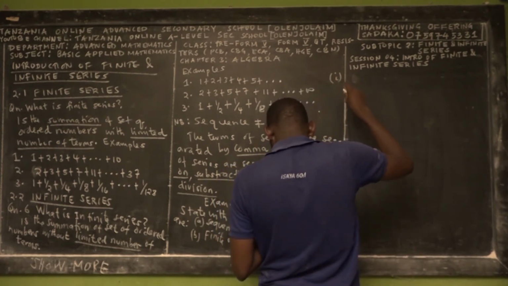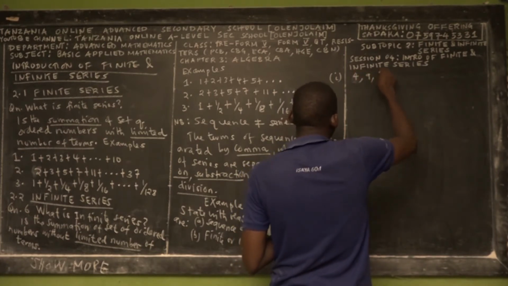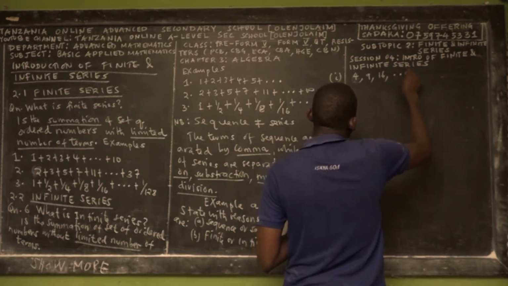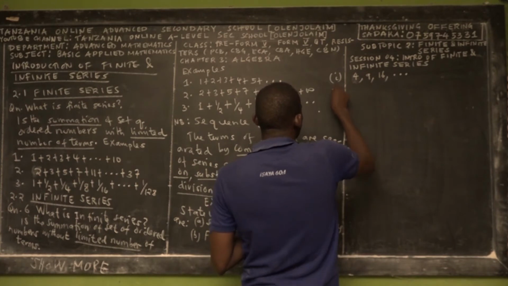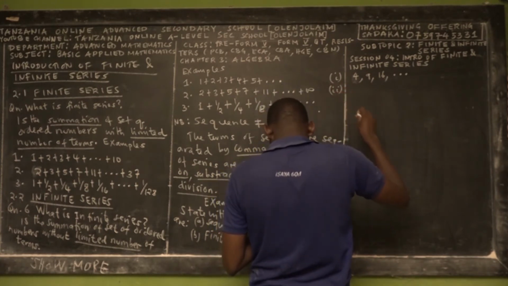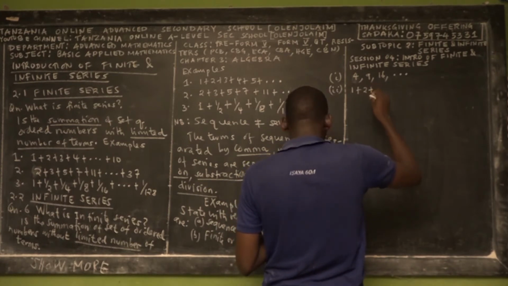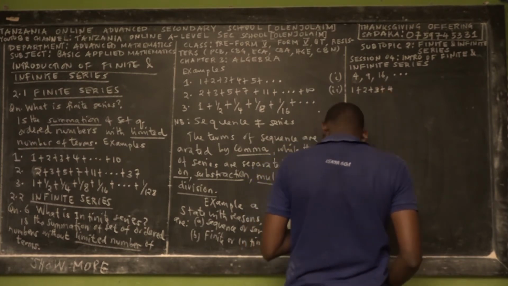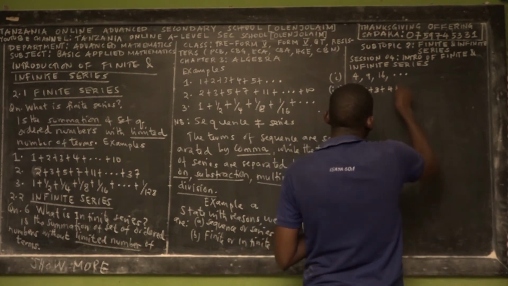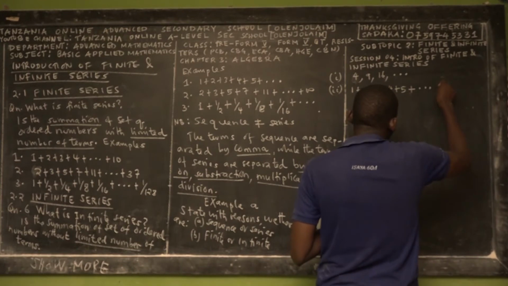Roman 1: 4, 9, 16, and so on. Then Roman 2: 1 plus 2 plus 3 plus 4 plus 5 plus and so on plus 9.